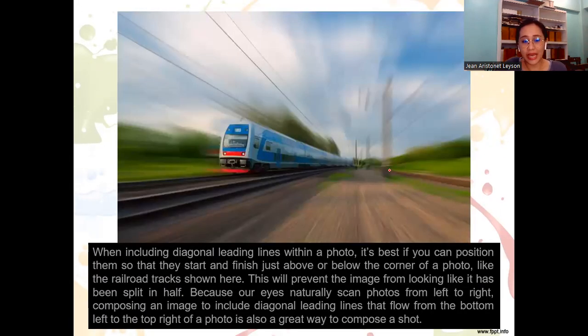So when including diagonal leading lines within a photo, it's best if you can position them so that they start and finish just above or below the corner of a photo, like the railroad tracks shown here. This will prevent the image from looking like it has been split in half, because our eyes naturally scan photos from left to right.